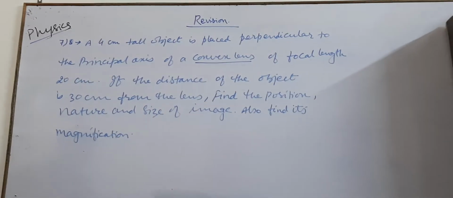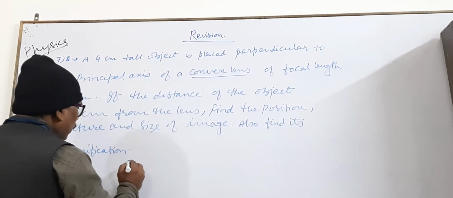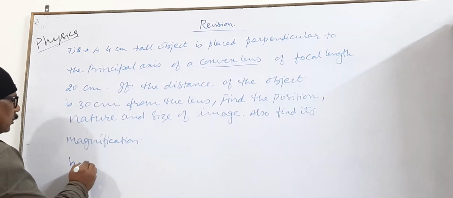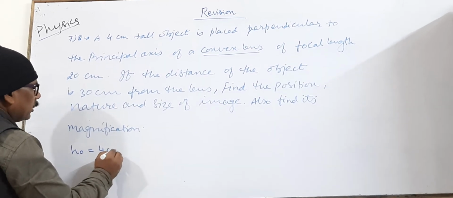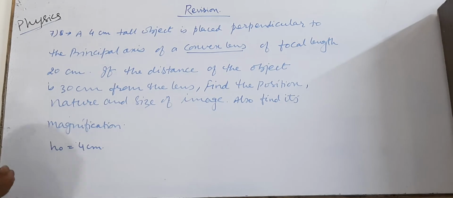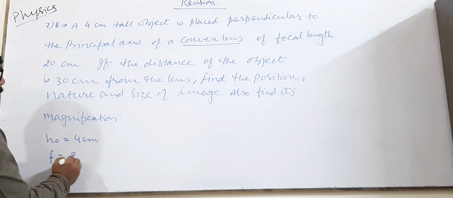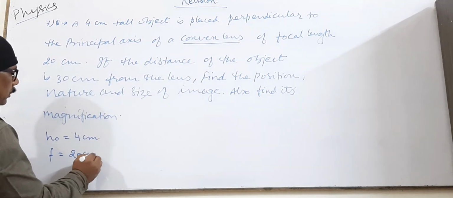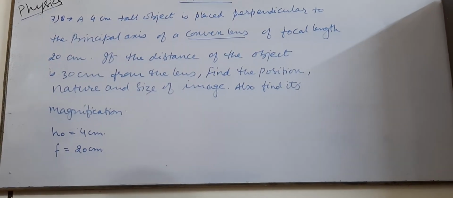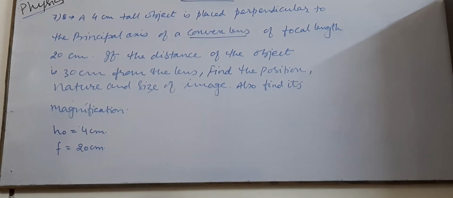Now what else is given here? Height of the object is given 4 centimeter. Now focal length f is given 20 centimeter. Since it is a convex lens, in case of convex lens, focal length is always positive.